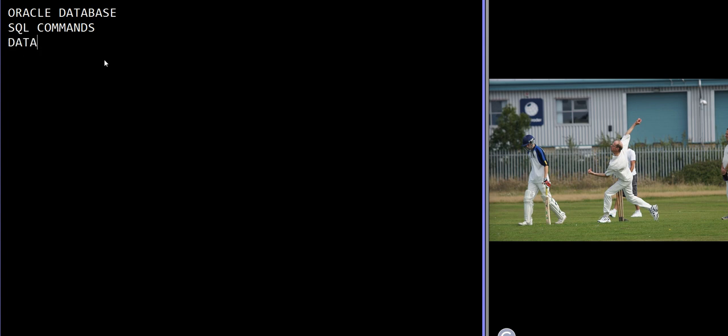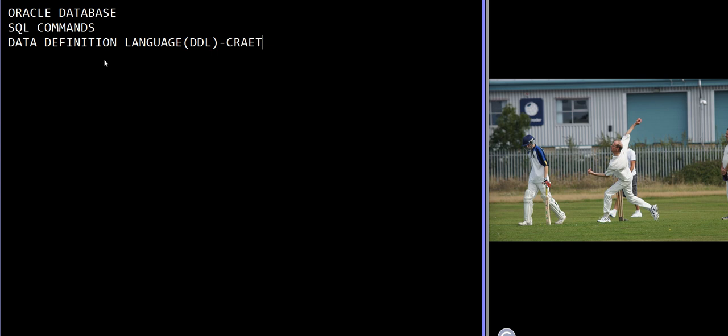At first, the SQL commands are divided into five languages. First one is data definition language commands, which we will shortly call DDL.